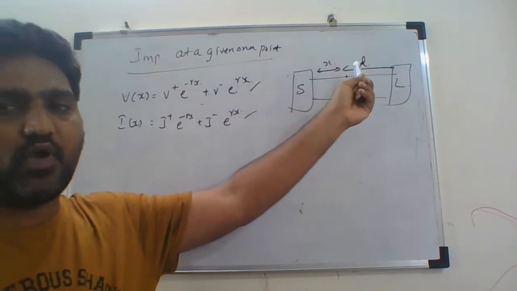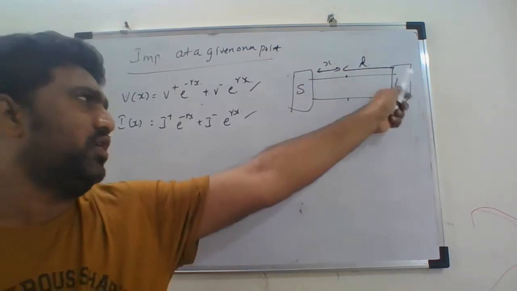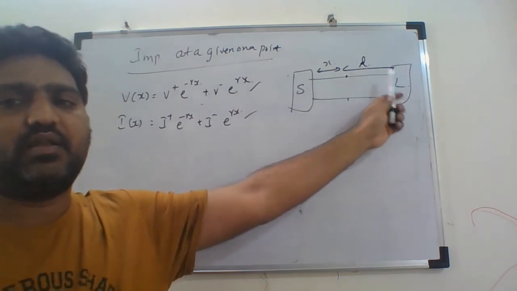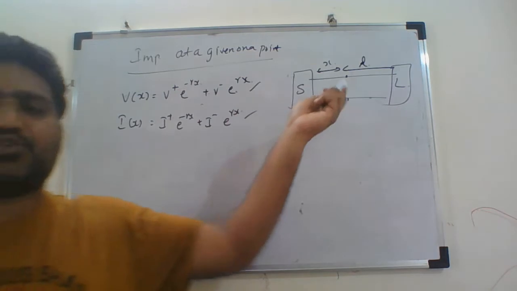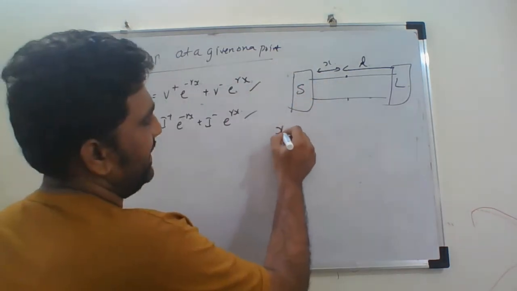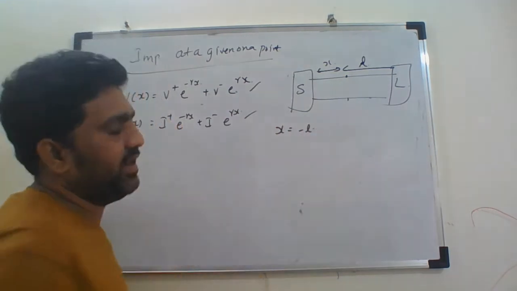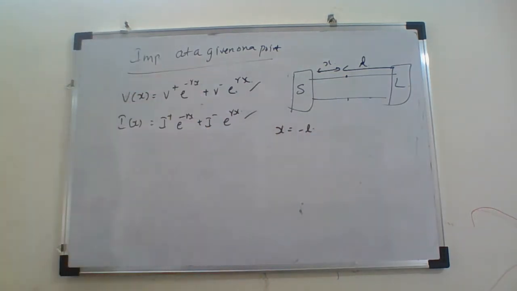But x is from source to load, while the small l will be from load to source, so the directions are opposite. So we can replace x as minus l in the above equations.